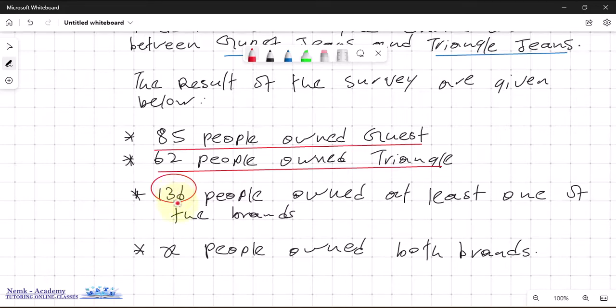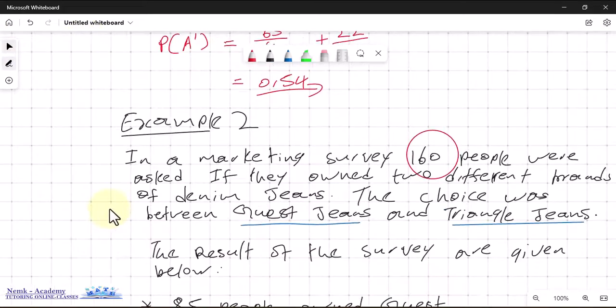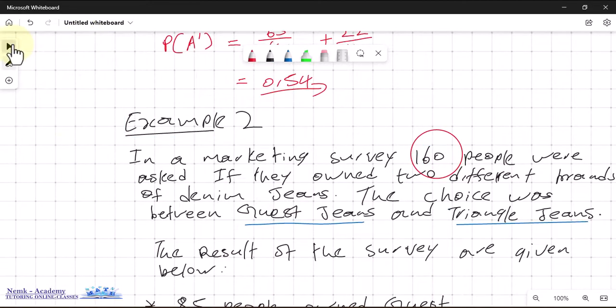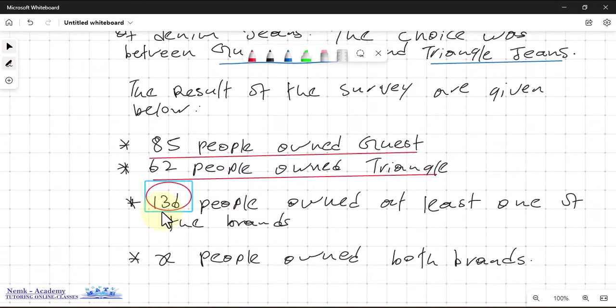So in short, we have in total 136 people who owned jeans, whether a Guess jean or a Triangle jean. But in total, how many are there? There are 136. How many people did we talk to? We spoke to 160 people. Of the 160 people, about 136 own jeans. It's either a Triangle or a Guess or both of them. But 136 people have jeans.